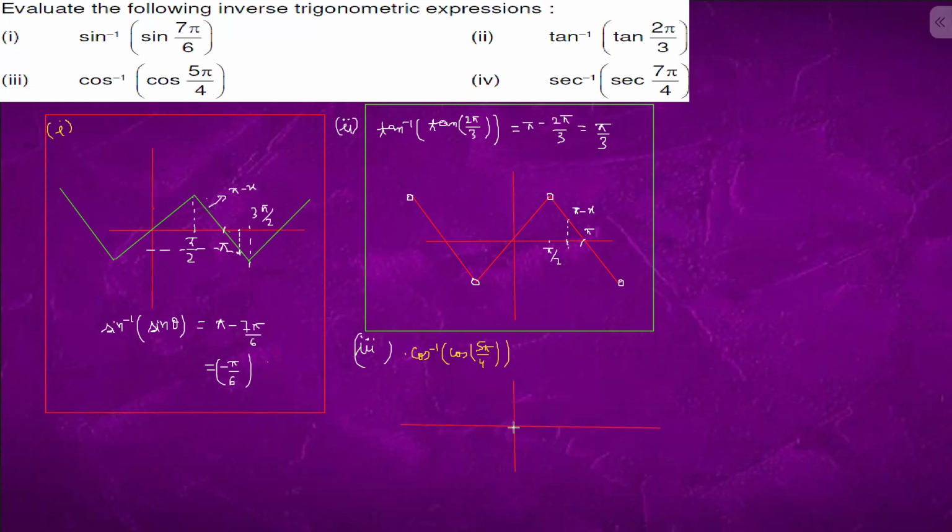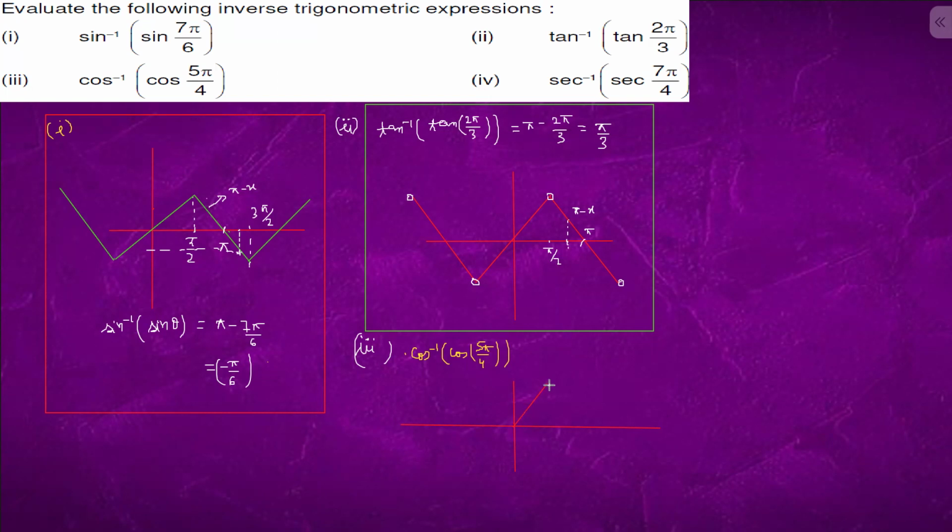We have 0 to pi by 2, and then this will go from 0 to pi, I think.